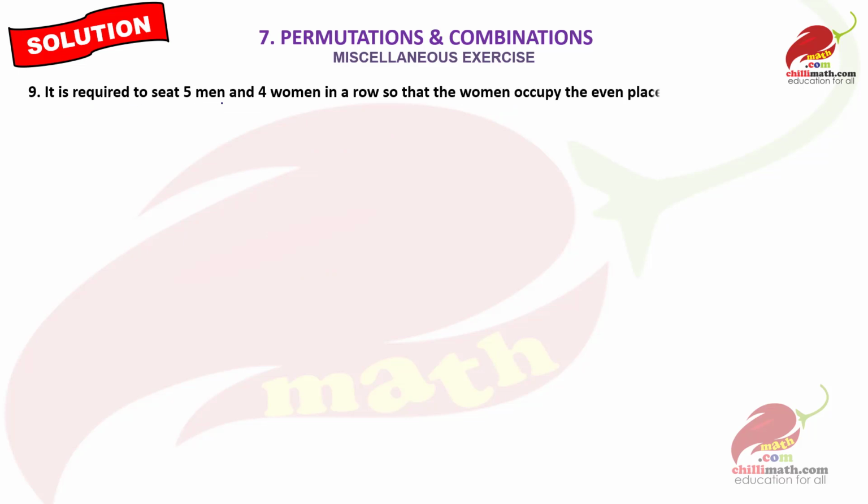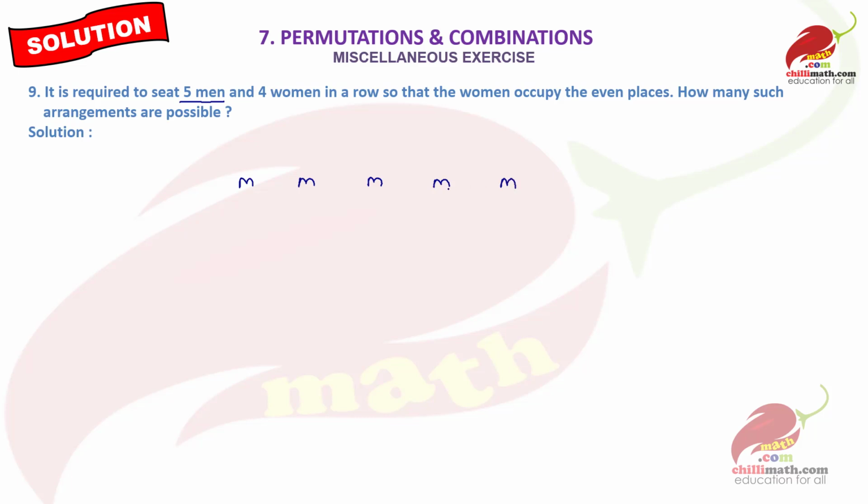Ninth question is, it is required to seat 5 men and 4 women in a row so that the women occupy the even places. How many such arrangements are possible? So let's first make these 5 men sit. Can be done in 5 factorial ways. This is first man, second man, third man, fourth and fifth man. So this total can be done in 5 factorial ways.